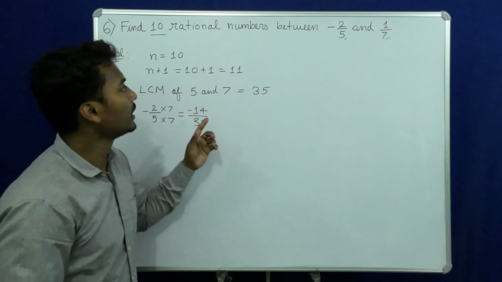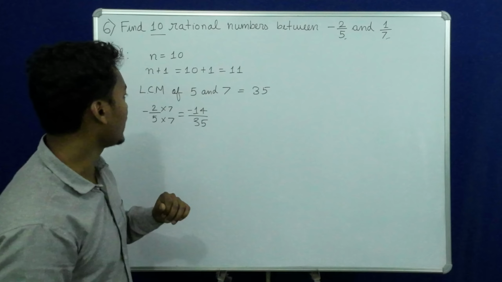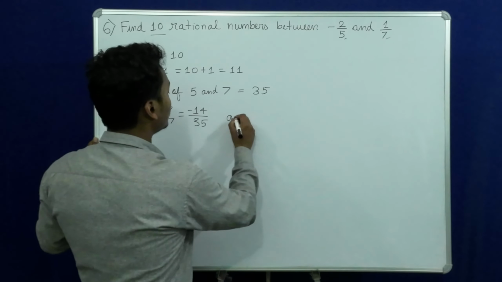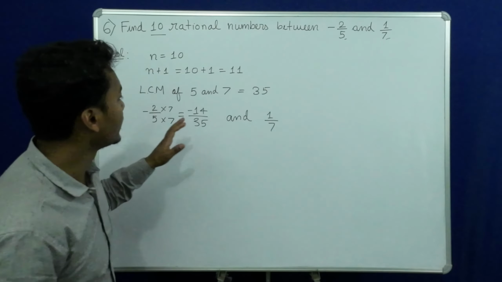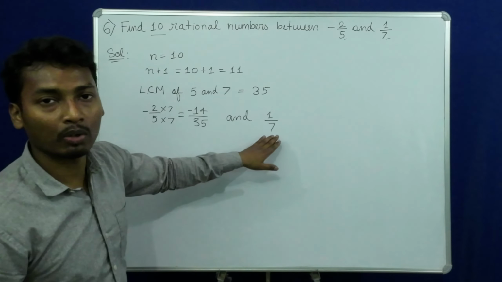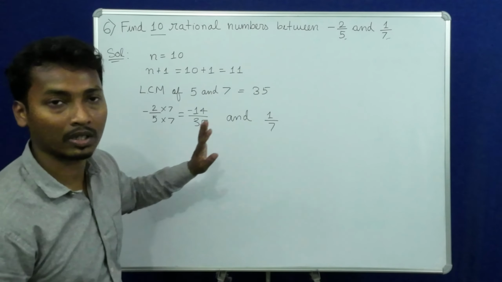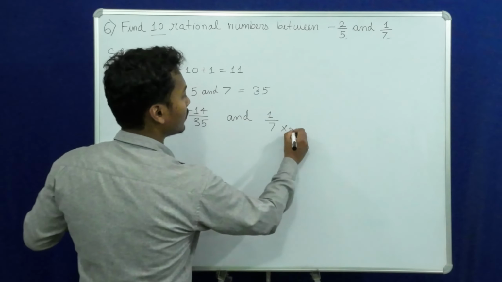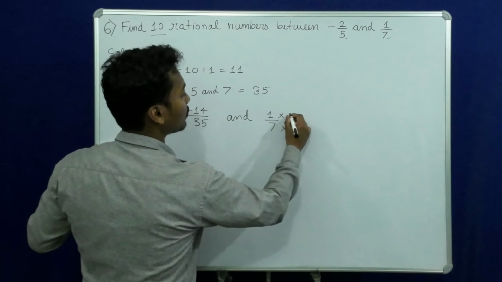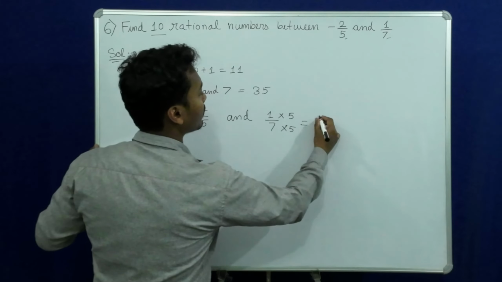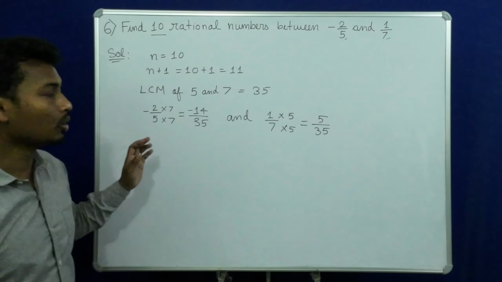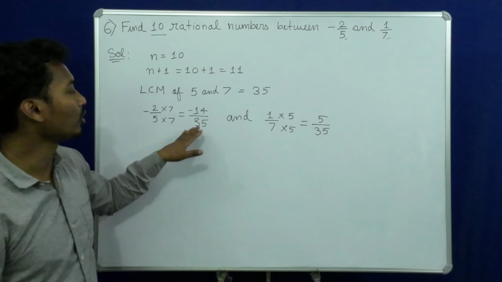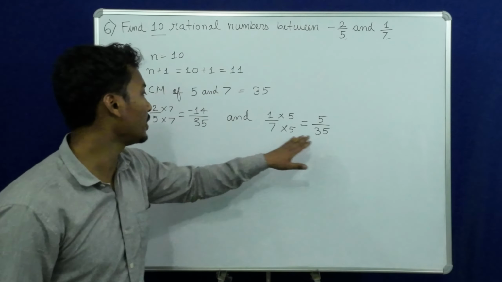And now let's look on the other side as well. 1 by 7. Now what can we multiply to 7 to make it 35? Obviously 5. So multiply 5 and the numerator as well with 5. So 5 ones are 5, 7 5s are 35. Now what do we see? We are getting negative 14 by 35 and 5 by 35. Denominators are same.